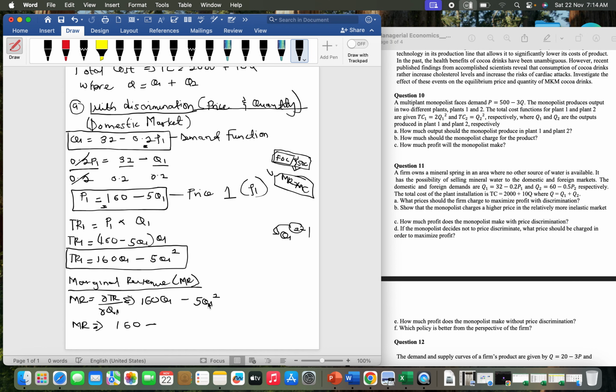So 2 times 5 gives us 10. We subtract 1 from the exponent, which is 2, we get 1. So we have 10Q1. So this is our marginal revenue. Since this is total revenue 1, let's call it marginal revenue 1 so that we don't get confused. So this is our marginal revenue function.